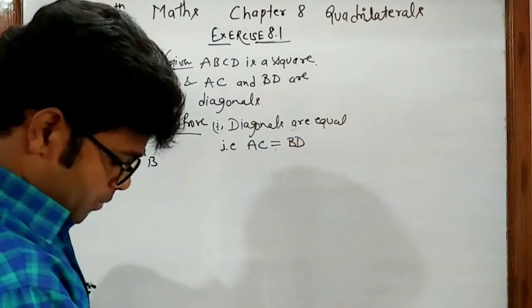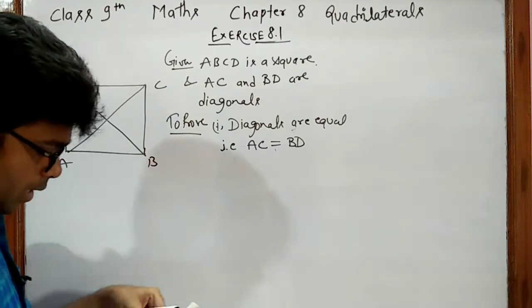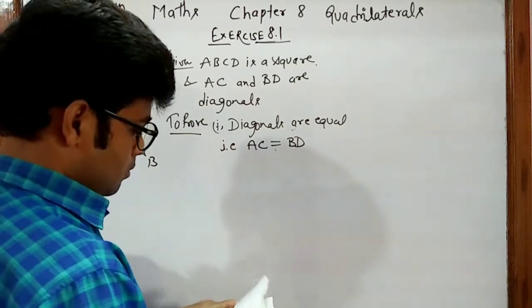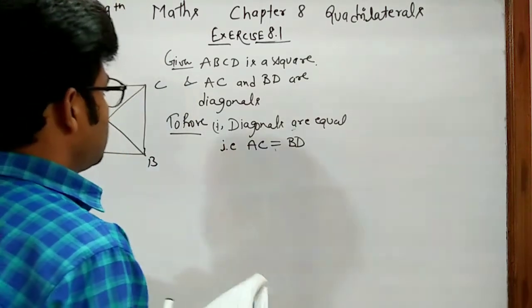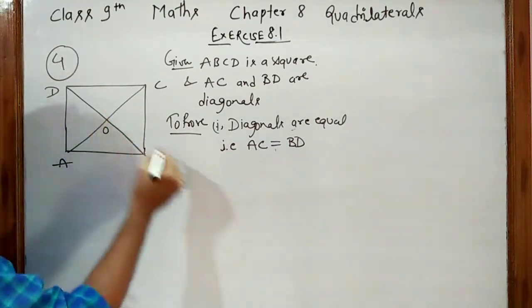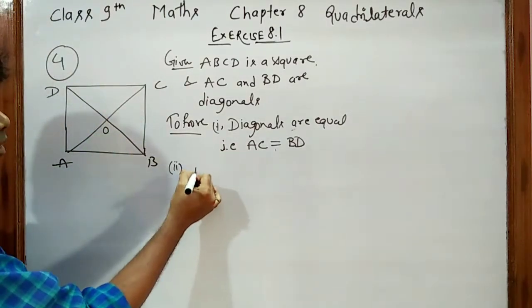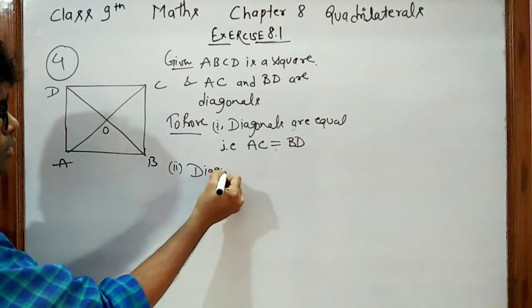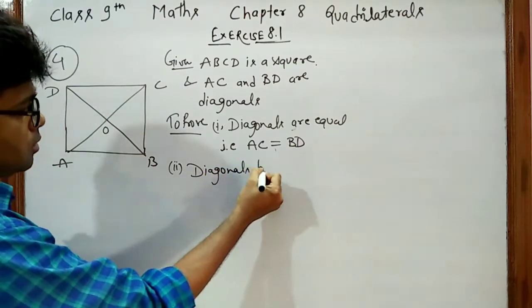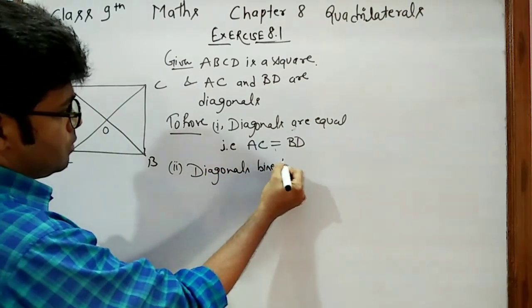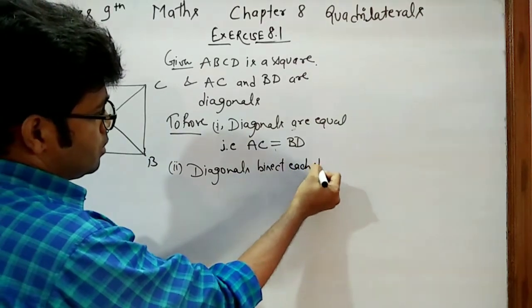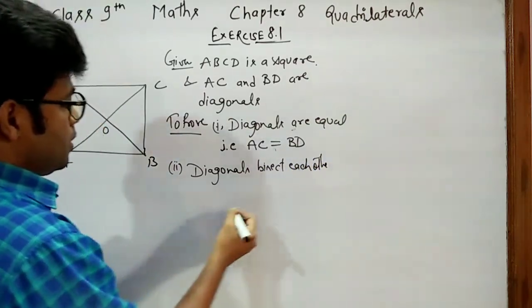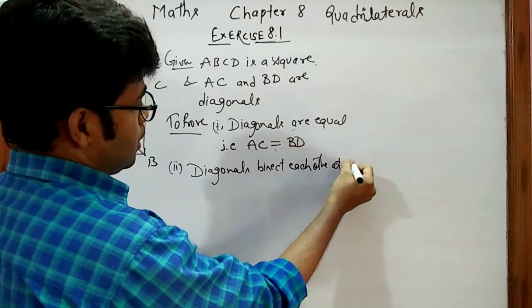Second, we have to prove that the diagonals bisect each other at 90 degrees.